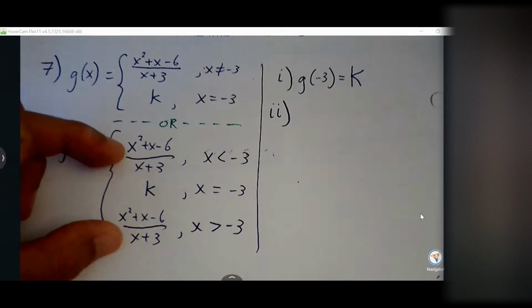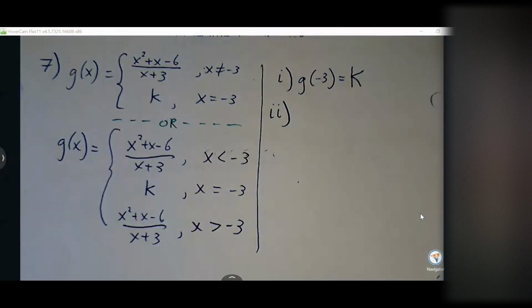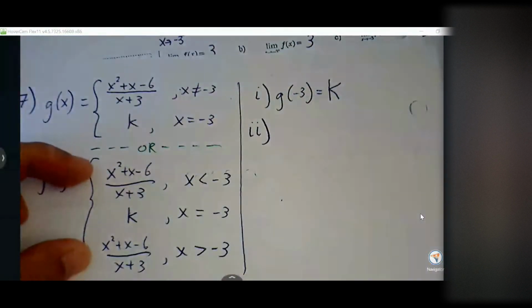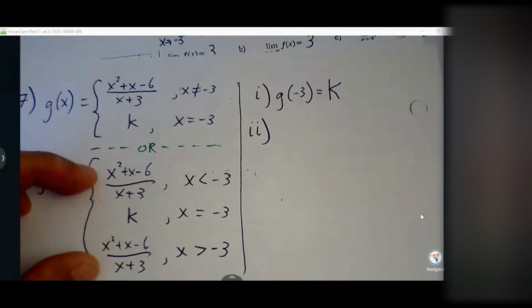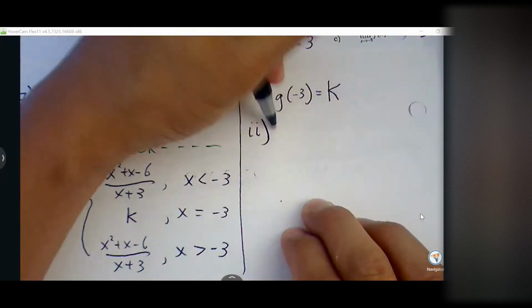But if we notice, these are the same functions, so we don't have to rely on one-sided limits. We can merge them together and rely on one limit statement. If we do 2 limit statements, we're doing the same problem twice. We only need one-sided limits if both sides are showing different functions. Then we have to look separately to see what the behavior is on both sides of -3.